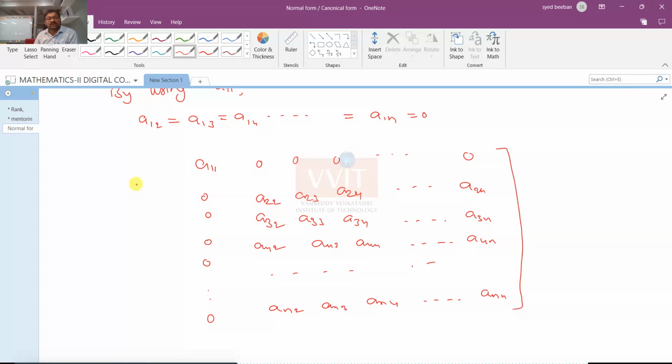This would be the shape at the end of the first two steps.